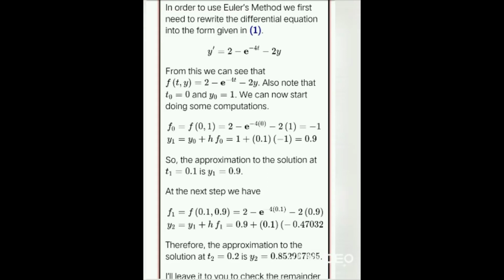Muna siya gi-multiply, then nakakuha na siya answer sa y sub 2 nga 0.852967995. Therefore, the approximation to the solution at t sub 2 equals 0.2 is y sub 2 equals 0.852967995. And that is the example for Euler's.